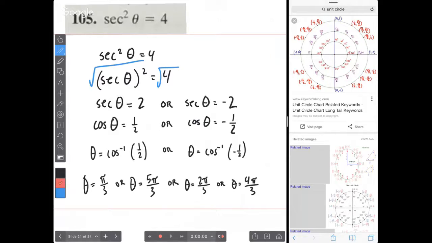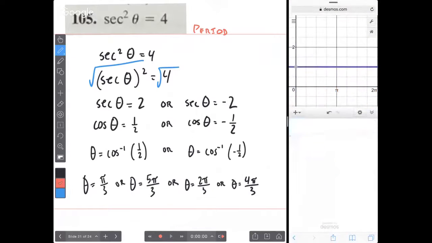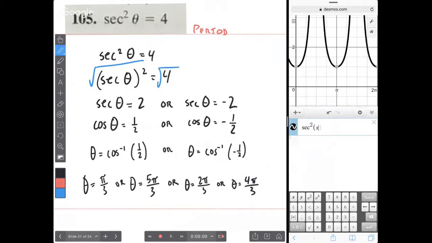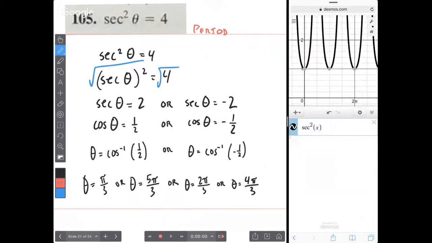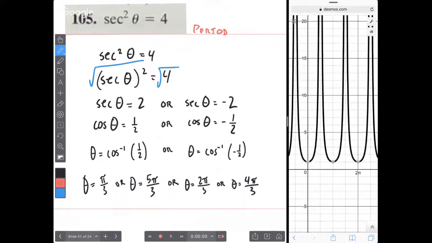So now we're wondering what's the period. And we haven't really had an opportunity to look at secant squared graphs. Secant squared x. But there it is. And you can see, beautiful graph, it only goes just up.